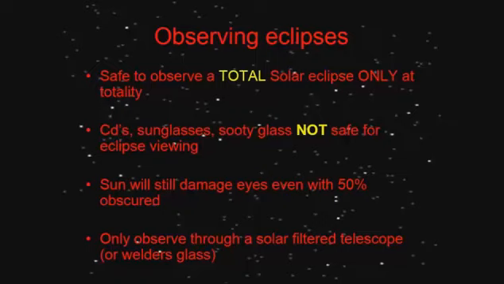If you go and buy the highest quality, darkest welding glass, it is quite safe to observe the sun through that. There are different grades of welding glass. You need the darkest if you intend to do this. That is a warning.